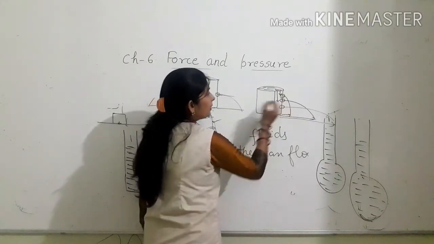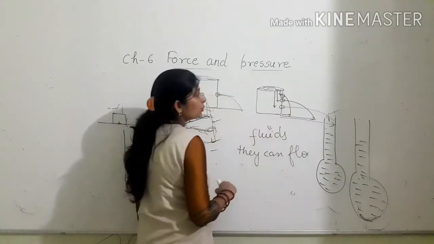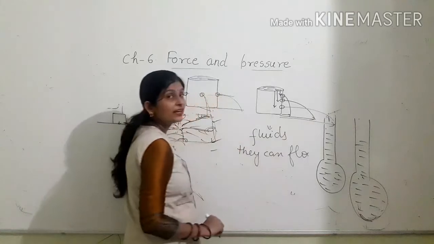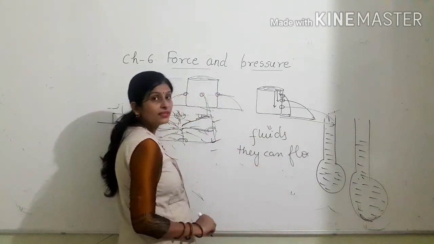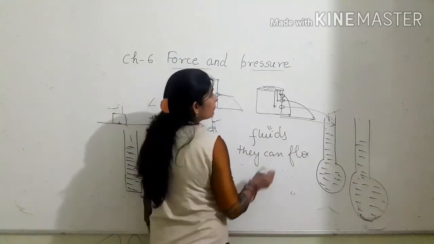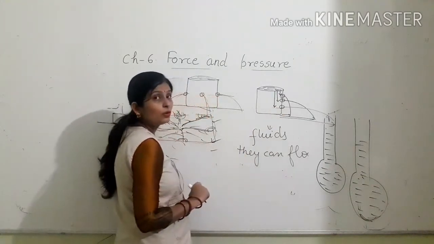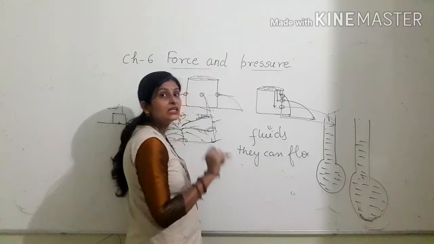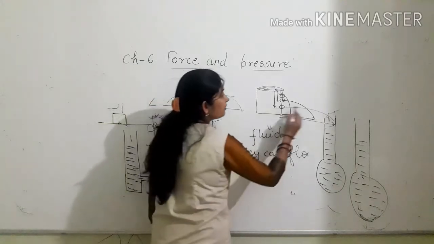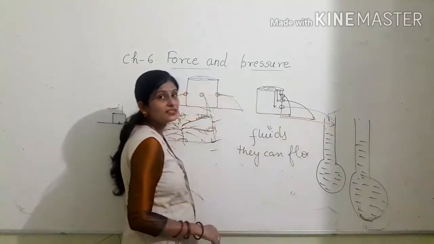Pressure exerted by liquid at this hole is more. That is why it covers more distance comparatively. And pressure exerted by liquid at this third hole is largest, so it covers the longest distance.